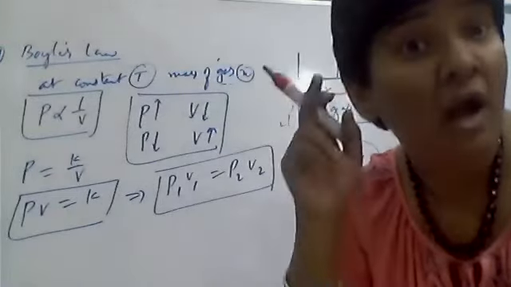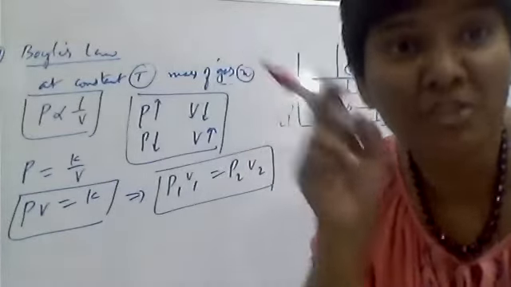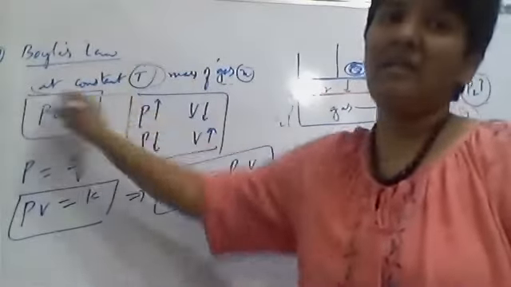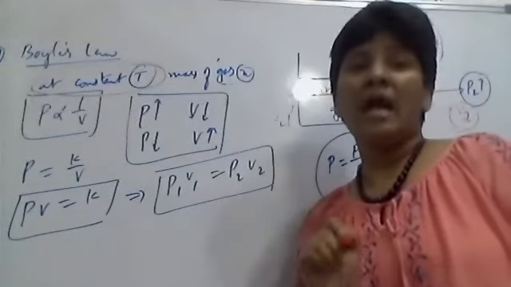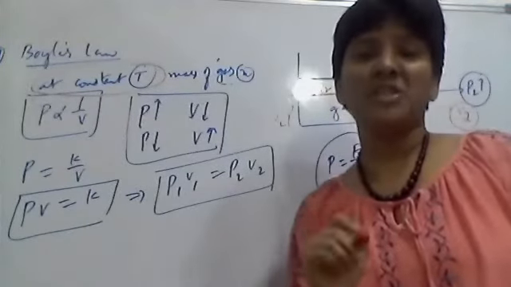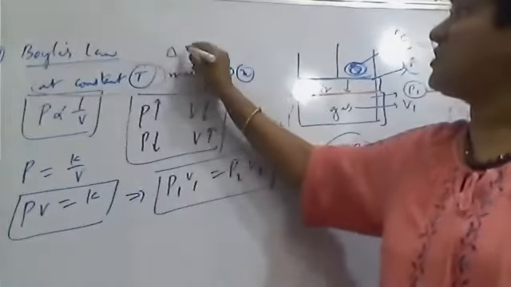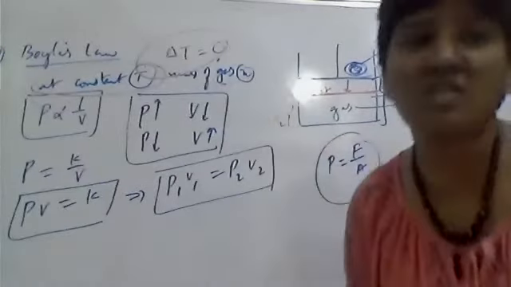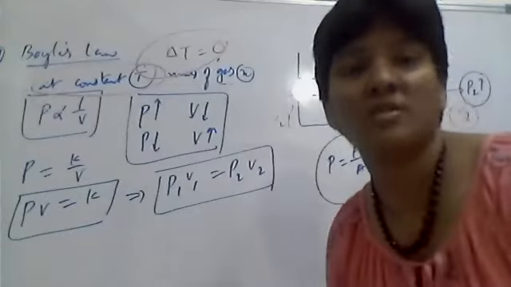Isothermal. Listen carefully. Isothermal expansion of gas, isothermal compression of gas, because here the temperature is taken constant. So any gas expansion or compression is studied according to Boyle's law, meaning the temperature is constant. The change in temperature is 0. Such a process is called an isothermal process.